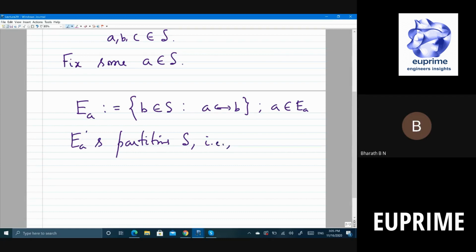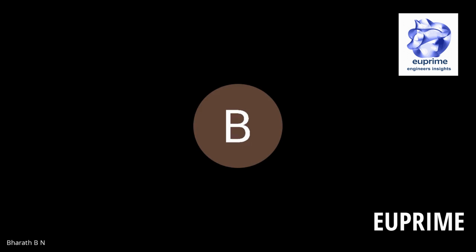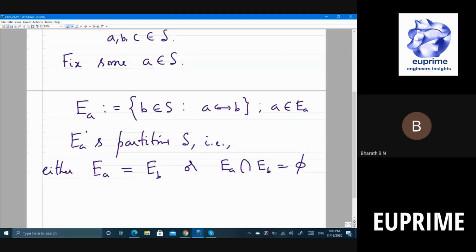If you take, for example, EA and EB, so you take two sets, either EA will be equal to EB, or if you take the intersection of these two, it will be null. This is what you should prove, right? Do you agree? Now, can you try to prove that either of them should happen?